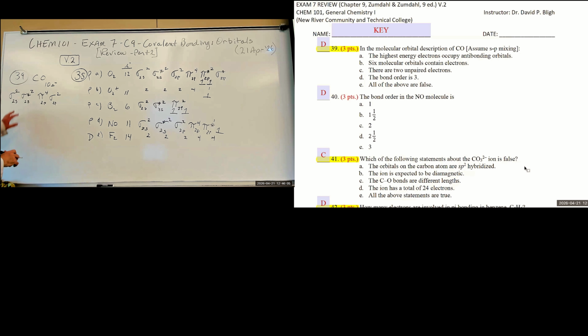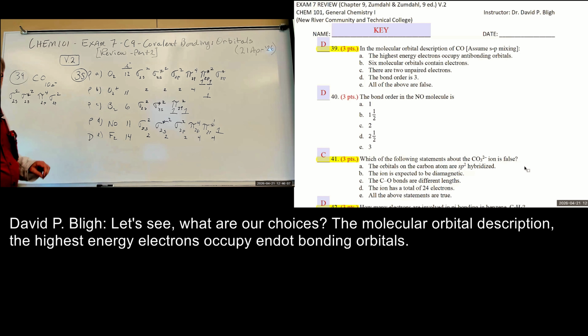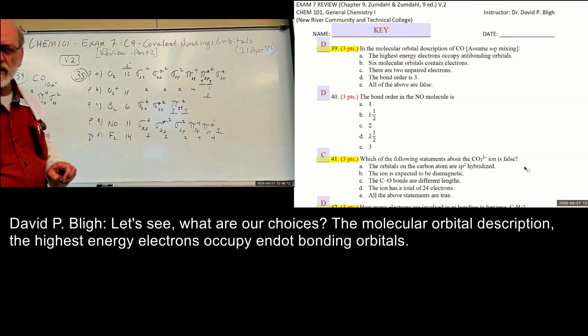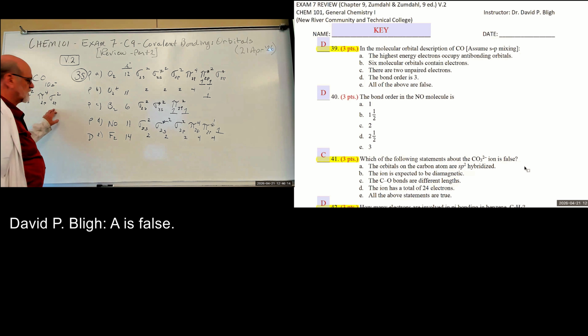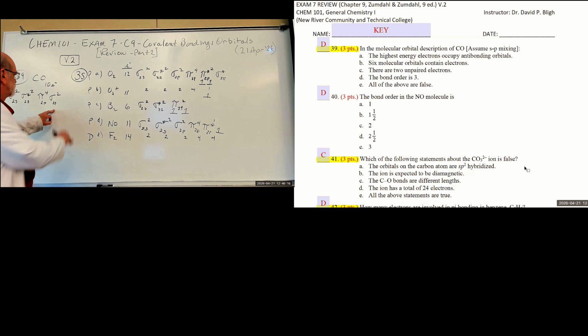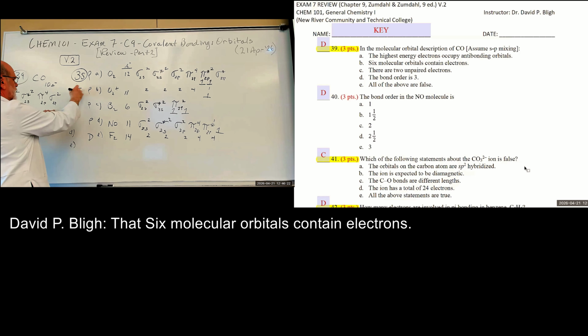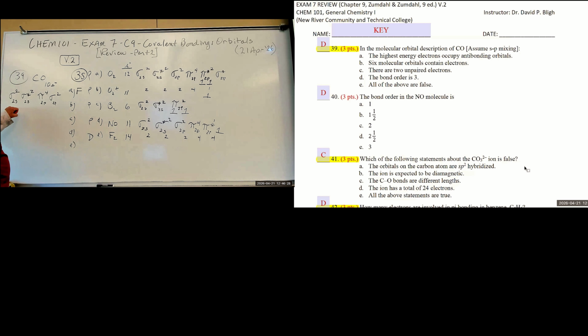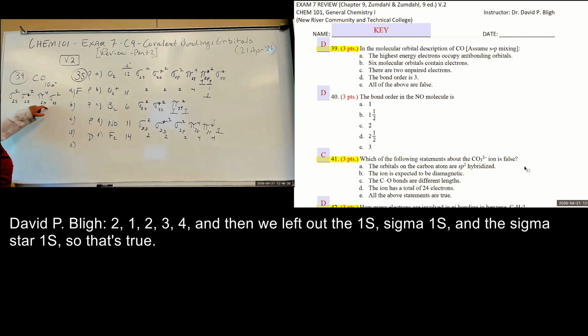So, let's see, what are our choices? The molecular orbital description: the highest energy electrons occupy anti-bonding orbitals. A is false. 6 molecular orbitals contain electrons. 1, 2, 3, 4, and then we left out the sigma 1s and the sigma star 1s.